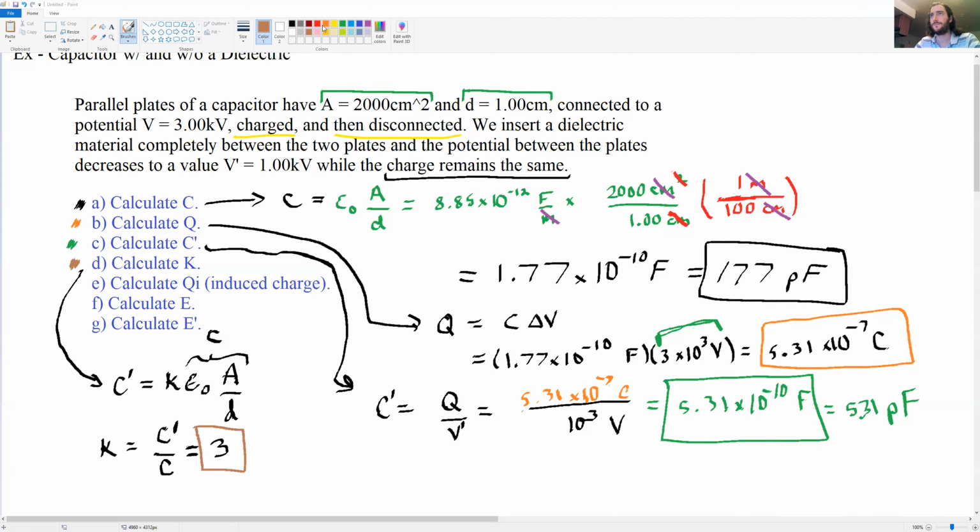And here we are. Let's go ahead and maybe use red for part E. So the induced charge Qi is going to be equal to the induced charge density times the area of that dielectric material's surface, which is going to be the same as the area of the parallel plate, right?